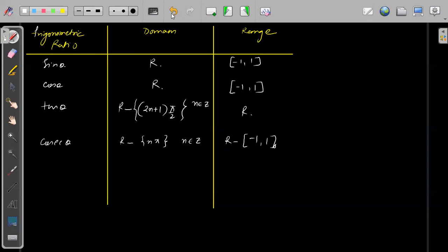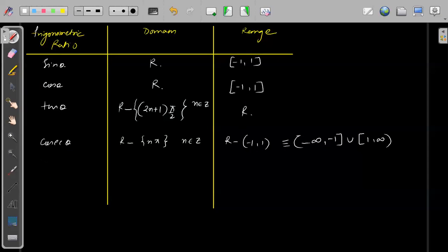It will take all the values except the values between minus 1 and 1. Or you can write this as minus infinity to minus 1 union 1 to infinity, right?